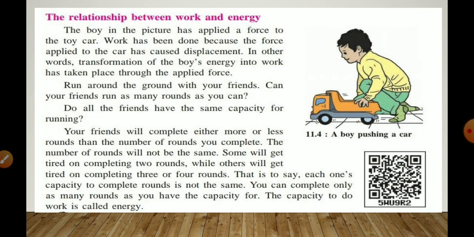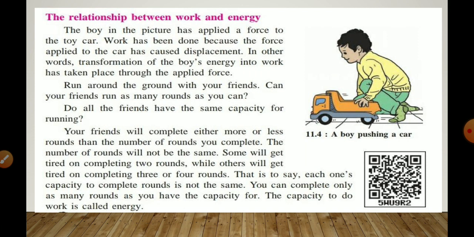See the relationship between work and energy. The boy in the picture has applied a force to the toy car. See here, the boy is playing with a toy car, and what he is doing? He is applying force to push the car, right? Work has been done because the force applied to the car has caused displacement.